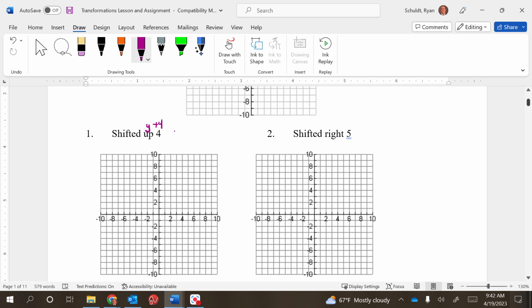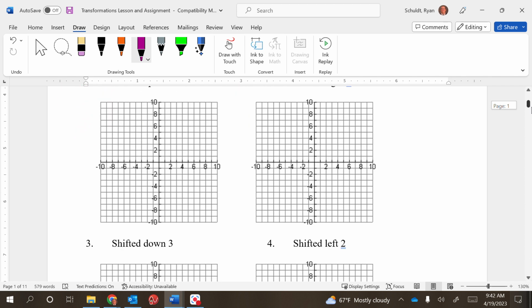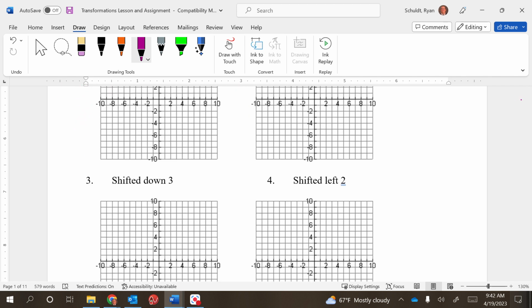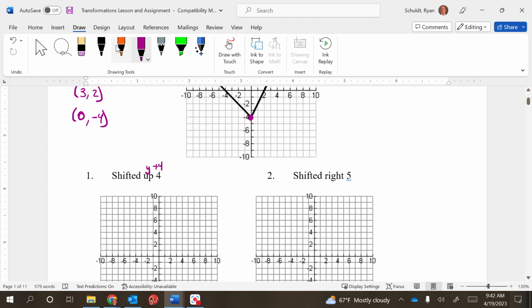So we're going to take our original points and add 4 to all the y's. Our original point was at -6, 2. Now I'm going to add 4 to the y, so that's going to be -6, 6.